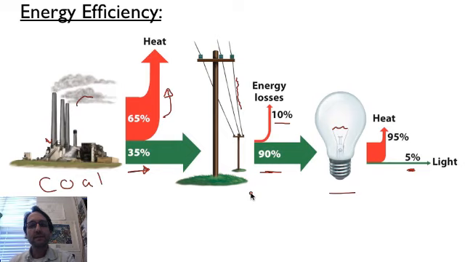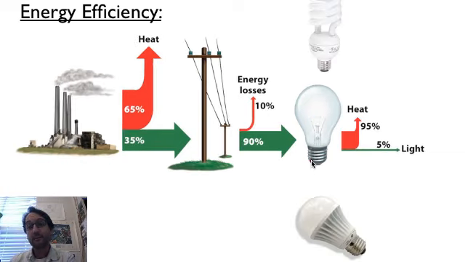So there are efficiencies at each step of this process that we can use to calculate an overall efficiency. Nowadays, we're trying to get away from incandescent bulbs, so let's look at a couple other bulbs that we might be using in our homes. One of these, which you're probably familiar with, is the compact fluorescent light bulb, or CFL.